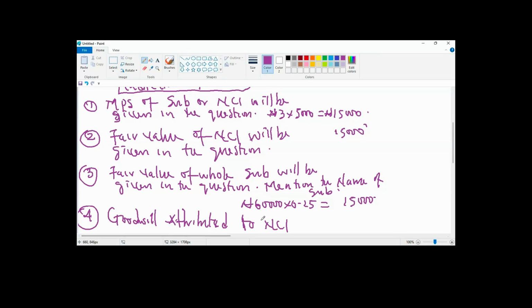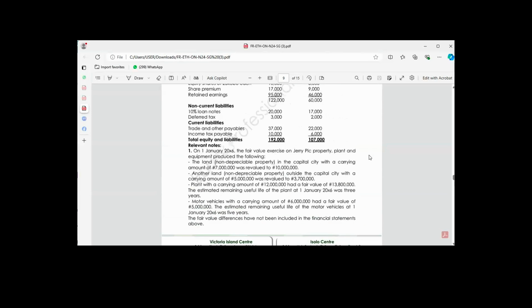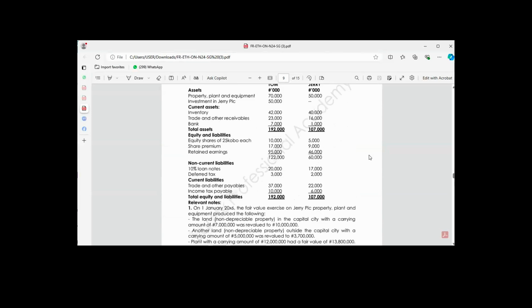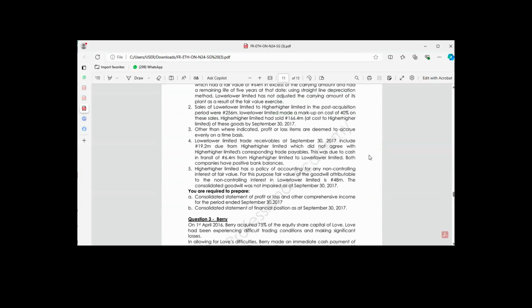They will give me the question just like this. Just like Ayaya Limited has a policy of accounting for any non-controlling interest at fair value.